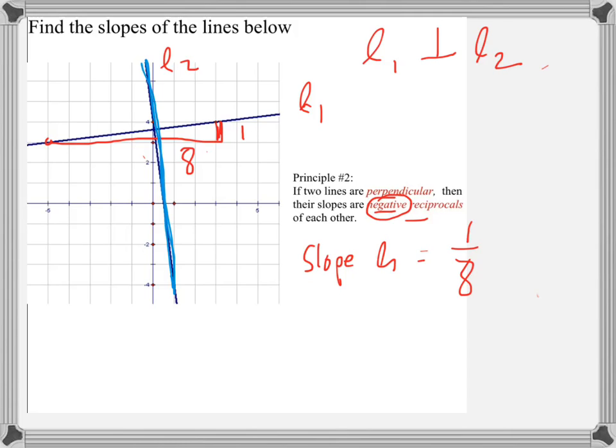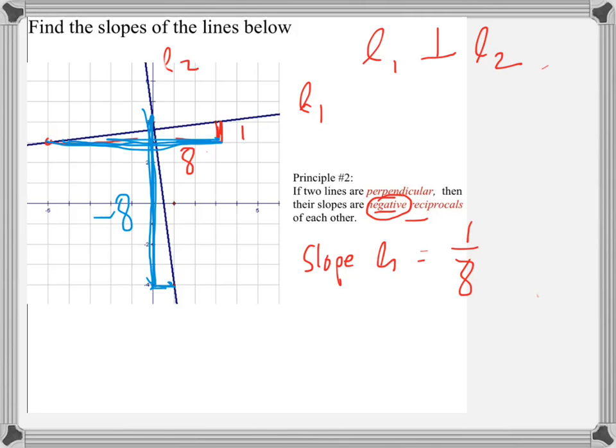So where L1 has a run of 8, L2 has a rise of negative 8. So, okay, let's see this. Let's pick this point and this point. That's good. So it would make sense that where L1 has the horizontal change of 8, L2 has a vertical change of negative 8.